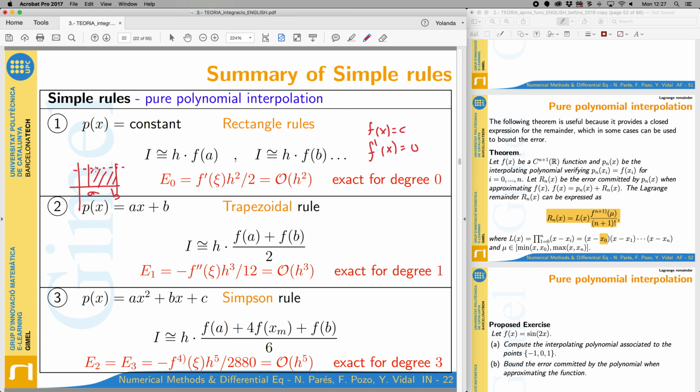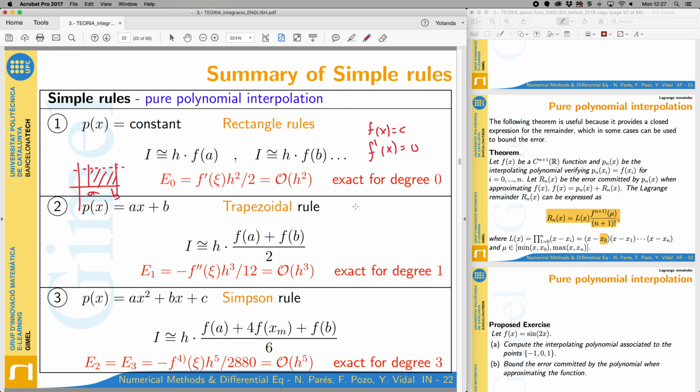Now, the same thing with the trapezoidal rule. As I'm using with the trapezoidal rule a degree 1 interpolation, then the method is capable to compute exactly the integrals of degree 1 polynomials.